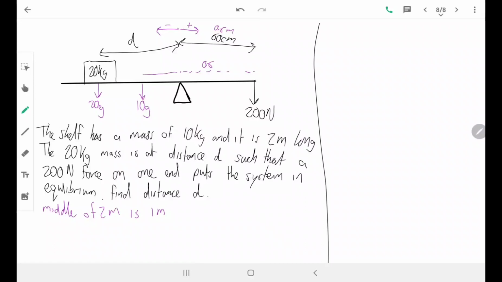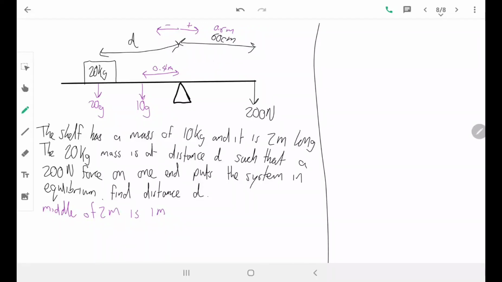So from here to here is going to be 0.4. So I'm going to rub that out. So from our pivot point to the center of mass of the actual shelf is 0.4 meters.